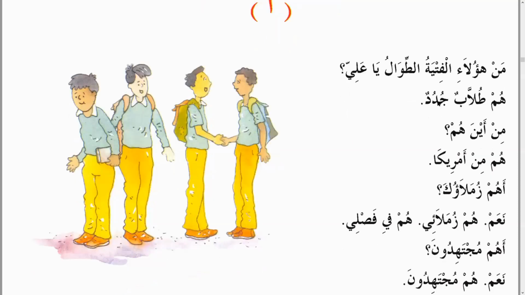Hum tullabun jududun. They are new students. Tullab is the plural of talib, and this is a broken plural. Why do we name this a broken plural? Because we change the structure of the word. We break it up. It's actually talib.